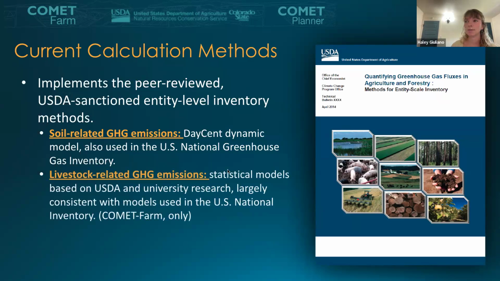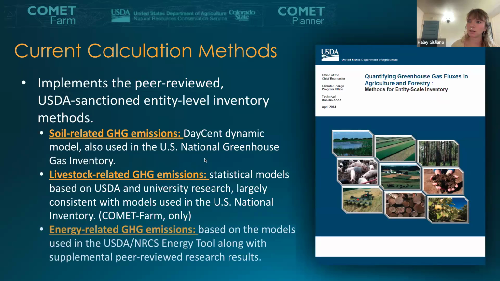There are also livestock-related emissions that you can account for in COMET-Farm, not in COMET-Planner. While we're not going to be looking at it today, there is a COMET-Energy tool that can be used to assess any fuel-related emission reductions. If you wanted to include those in your project estimate, you could do that separately, not in your COMET-Farm project.